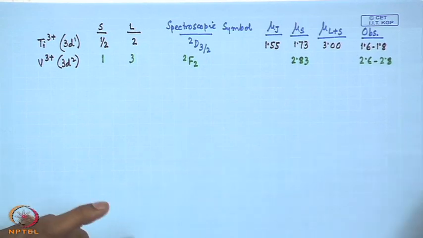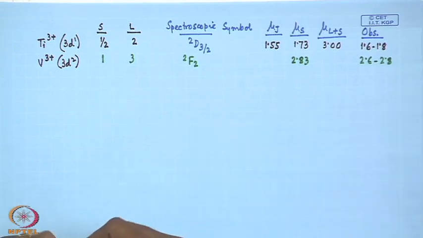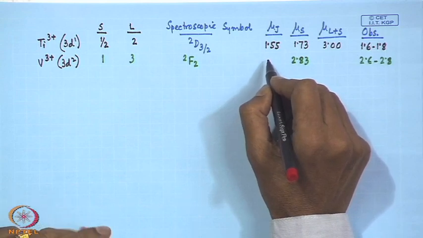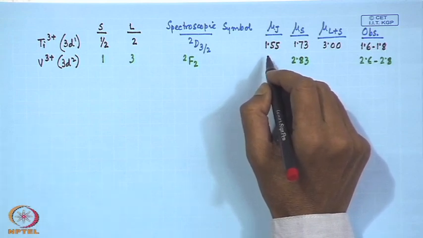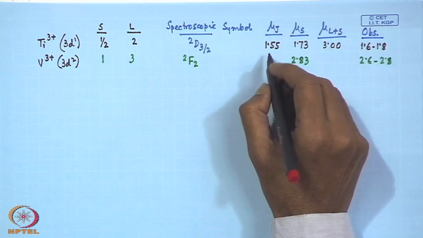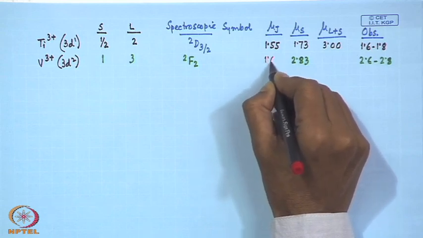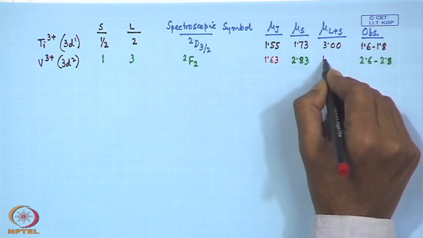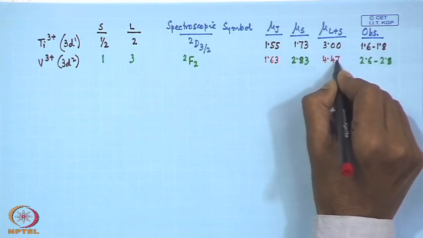But when we bring in the other two values, theoretically calculated using J as the quantum number and L and S both as the quantum numbers contributing towards the magnetic moment, it will be 1.63, which is in the lower range, but in the higher range it is 4.47.